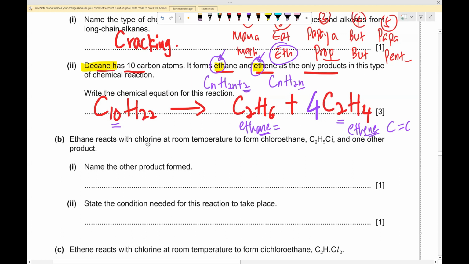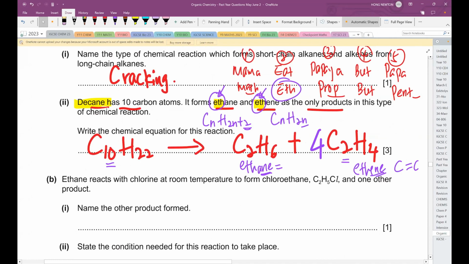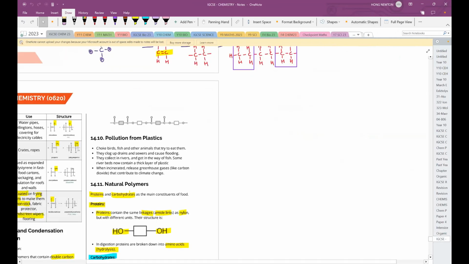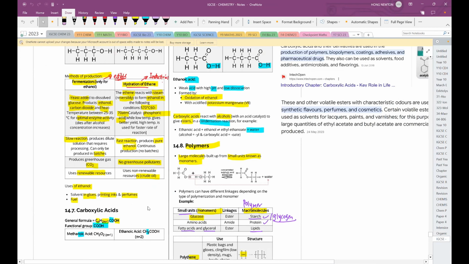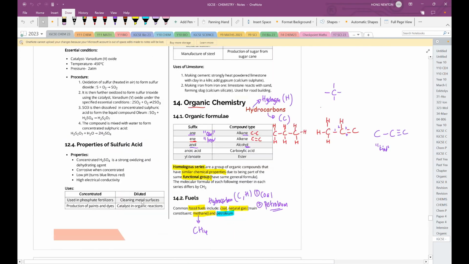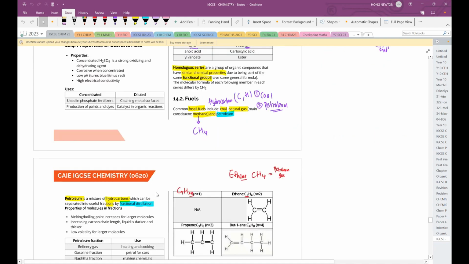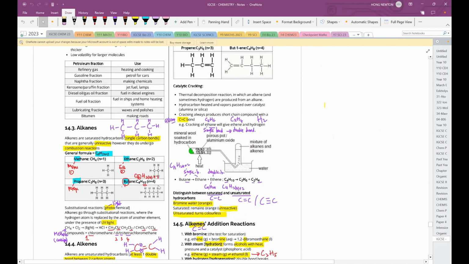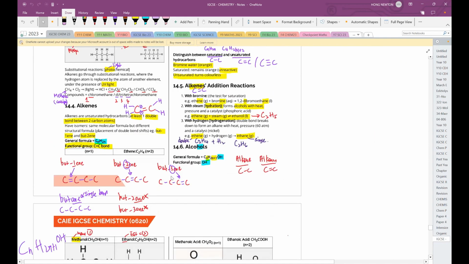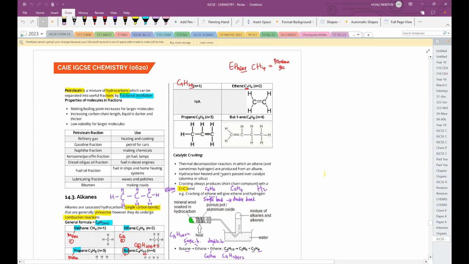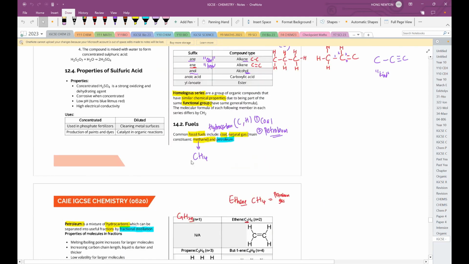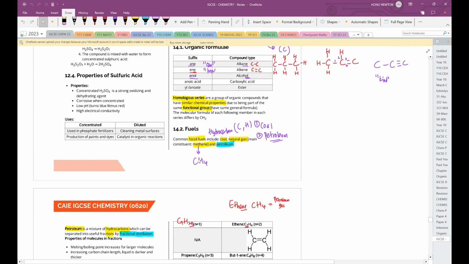So you see, when it's reacting with chlorine, you should remember that we studied earlier in this chapter, they actually react with chlorine and they will undergo one process, what we call a photochemical reaction. The photochemical reaction needs UV light, ultraviolet light.